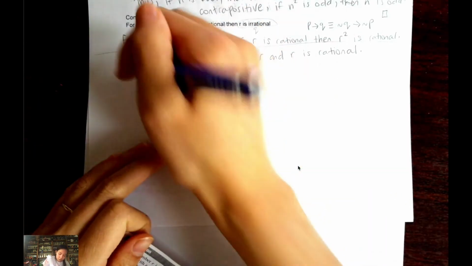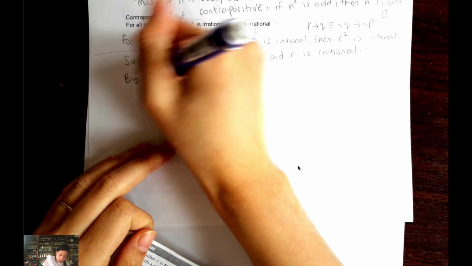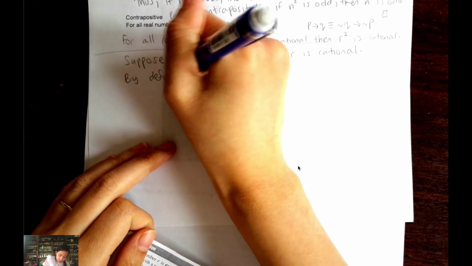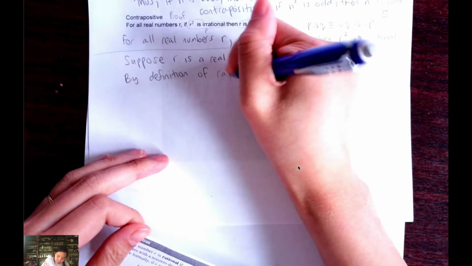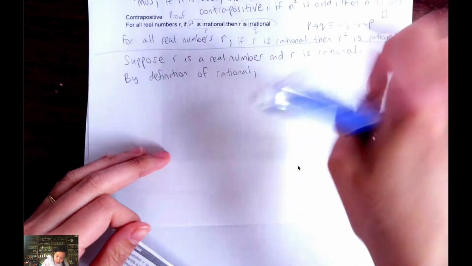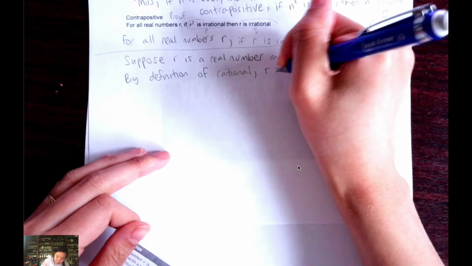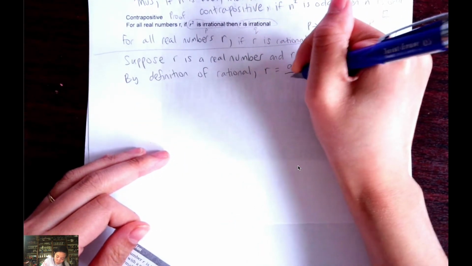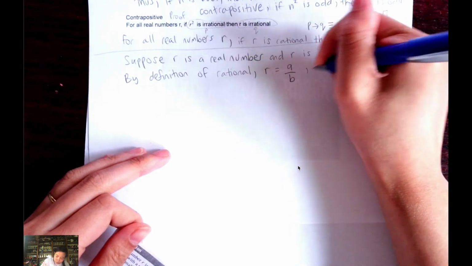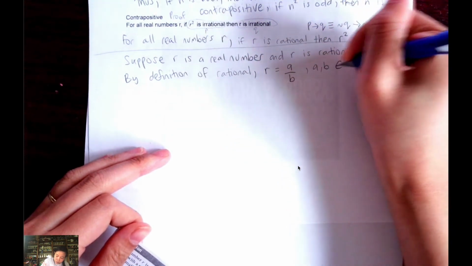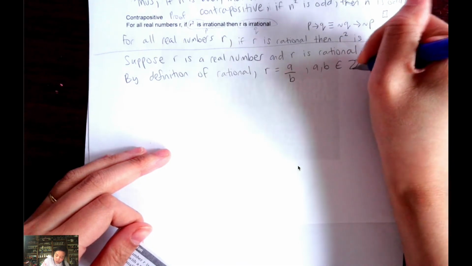So we could say by definition of rational, since r is rational, we say r equals a over b, the quotient of a and b, such that a and b are elements of the set of integers.